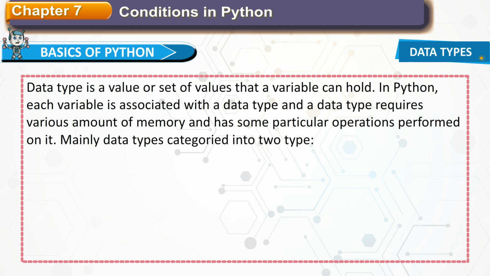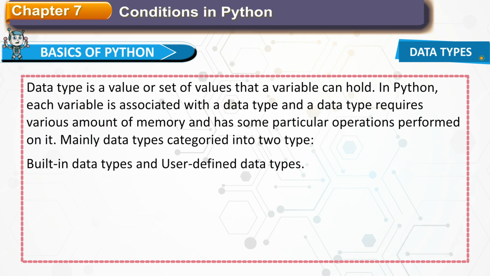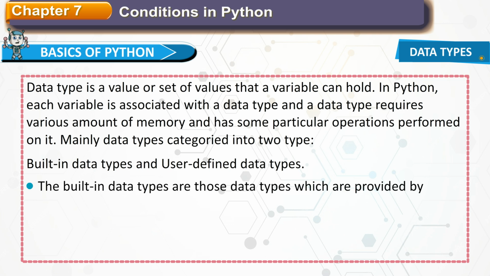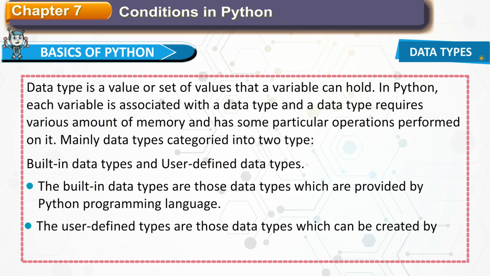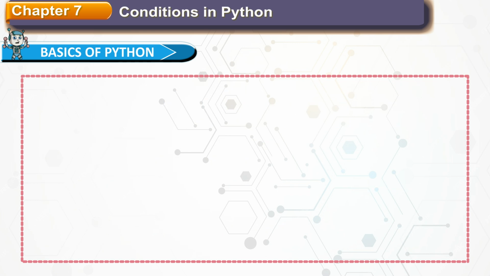Mainly data types are categorized into two types: built-in data types and user-defined data types. The built-in data types are those data types which are provided by Python programming language. The user-defined types are those data types which can be created by the programmer as per need.